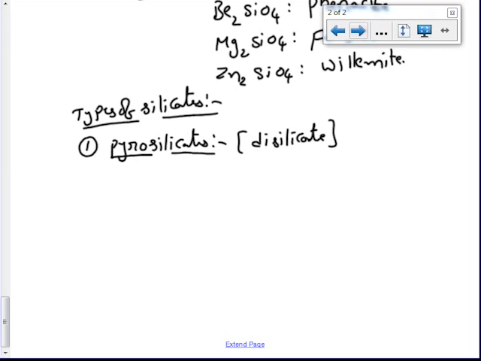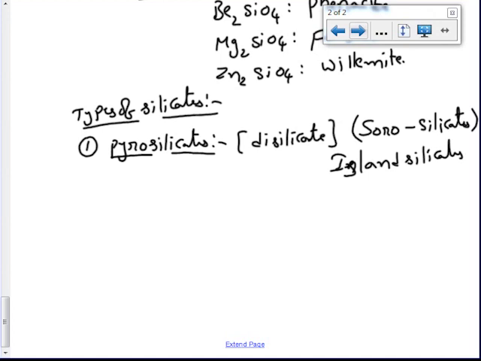Another name for this is sorosilicates, and one more name is island silicates.